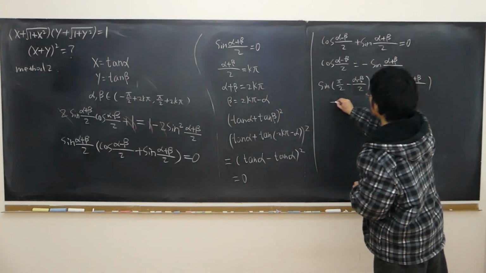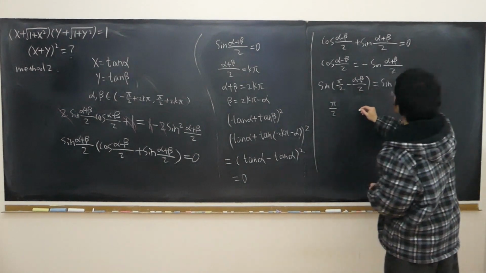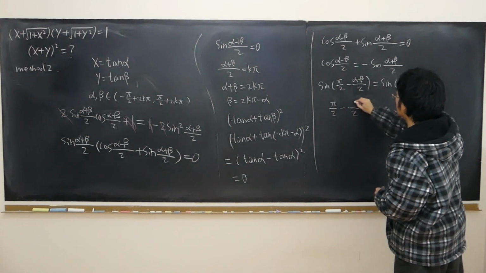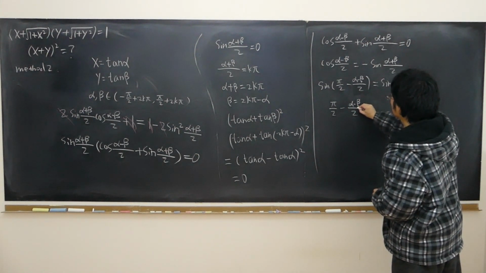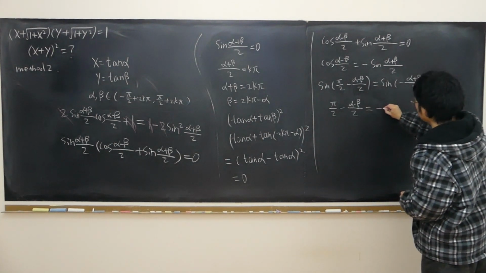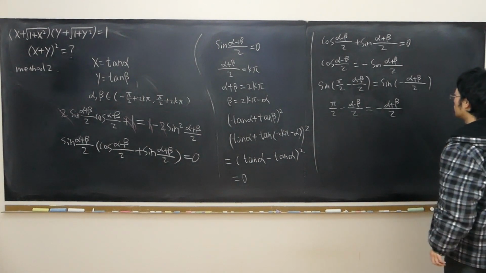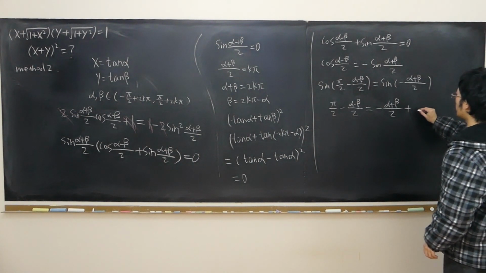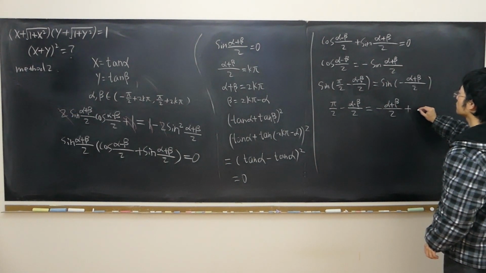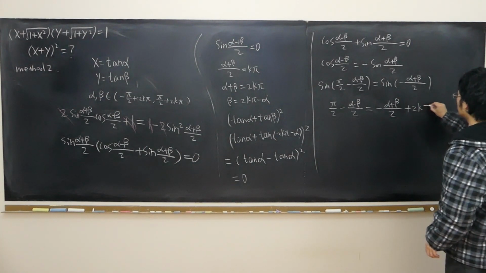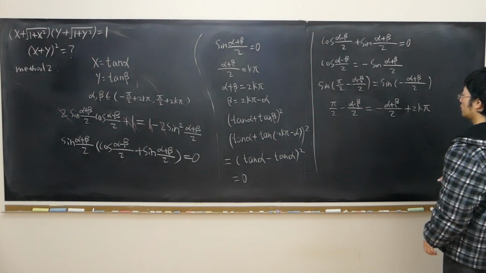So pi over 2 minus half of alpha minus beta is equal to minus half of alpha plus beta. Of course, we have the plus 2k pi, since sine is a periodic function again.